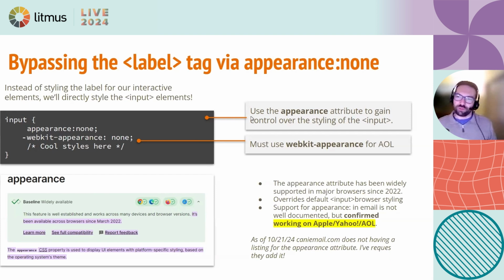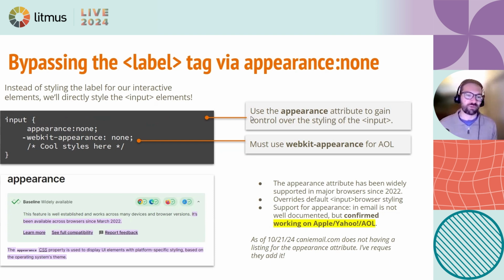So the appearance attribute is sort of new in the sense that it wasn't supported by main browsers until about 2022. But you can find documentation for it online, and it does work now in all major browsers. Essentially, what it does is it tells the browser that on this input element, don't do any of your default styling, and in fact, just give me a blank space in the place where this input normally would be.